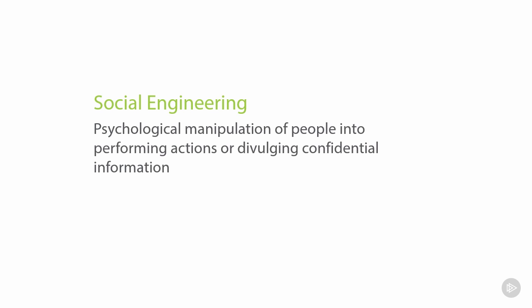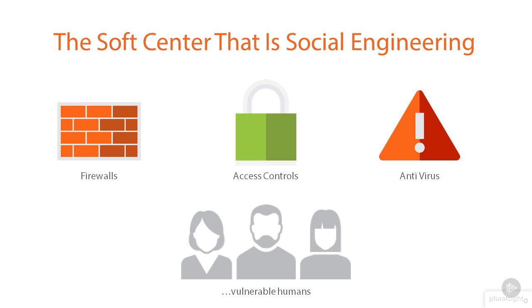Now, we often talk about people being the soft center of systems. Let me show you what I mean by that. Have a think about the security controls within the systems you use, and indeed the systems that many of you build. So for example, we have security controls such as firewalls. We have firewalls in server environments, firewalls on desktops, dedicated firewall devices.